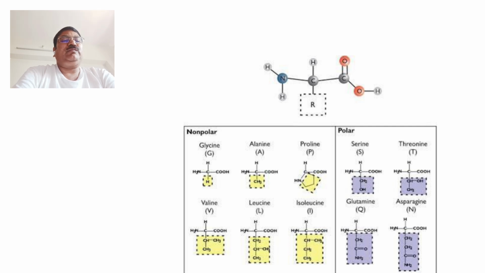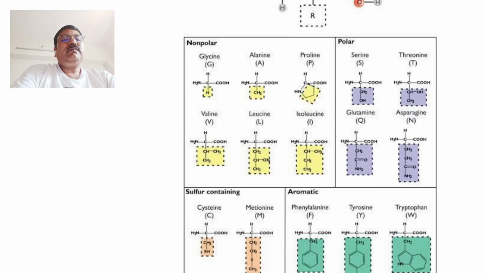This is the general formula of alpha amino acid. Now there are two major types: the non-polar alpha amino acids and the polar alpha amino acids.